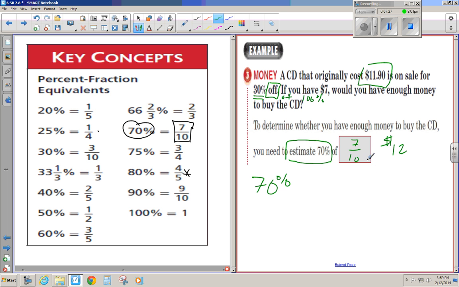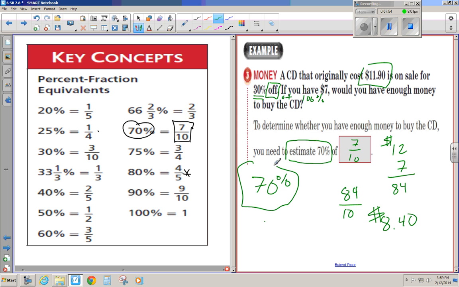So now it takes a little bit more math. 7 times 12 is 84, and that's 84 divided by 10, which gives us $8.40.